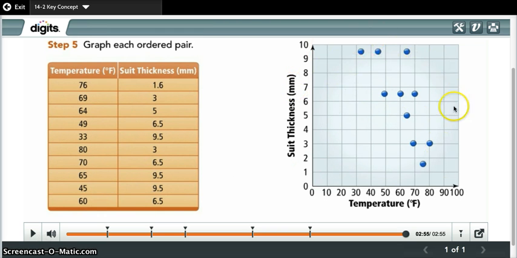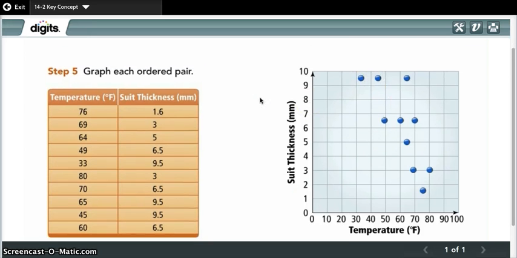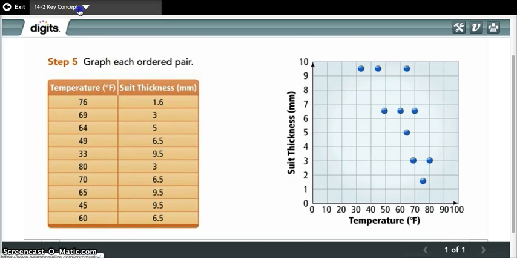So there are going to be various plots or various scattering points all around this coordinate plane. And this would be a completed scatter plot for this data. Okay, so that's how we're doing this. Let's jump into our first example.